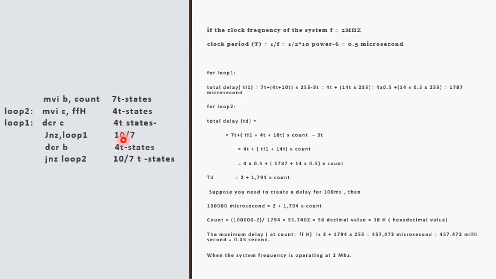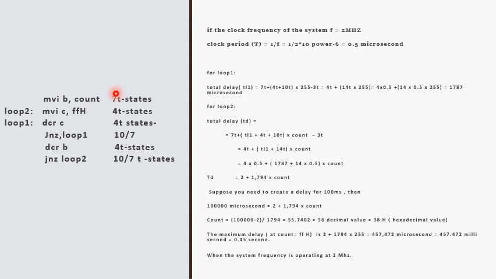For loop 2, it is going to take 7 T states plus this loop 1 TL1, plus 4T states plus this 10T states into the count value, minus 3T states, right? So that will be equal to 4 into 0.5 plus TL1, which is 1787, plus 14T states, that is this 4 plus 10, 14, into 0.5 into the count value, right?